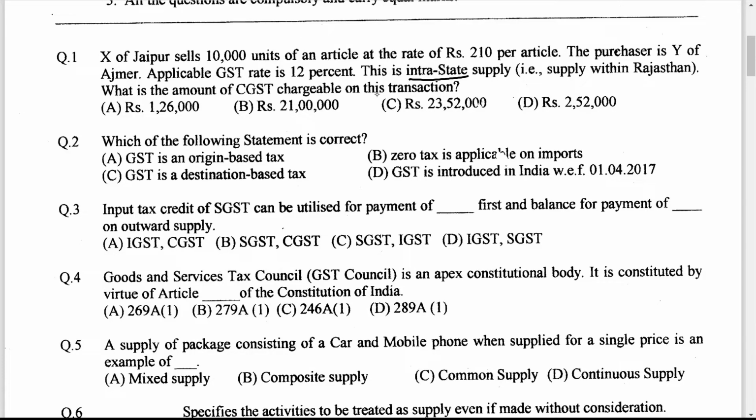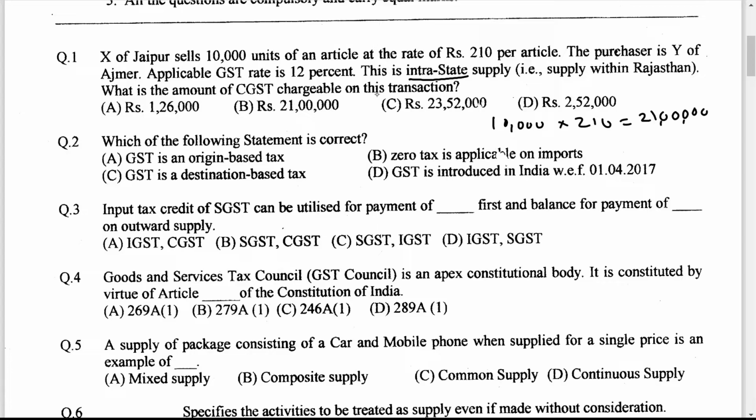So what you have to do? You have to multiply 10,000 into 210, so you will get 21 lakh. Now you have to apply CGST on it.